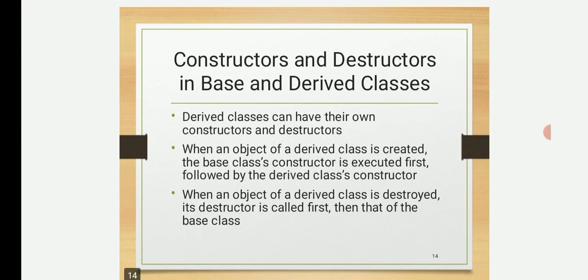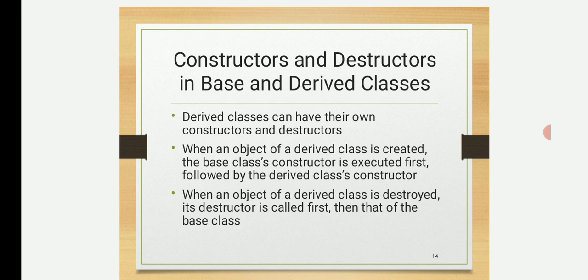Next one, very important topic, constructor and destructor in base and derived classes. So this is a special function, first special method. Constructor means it has the same name as the class name. We cannot call this function, it will be called automatically.